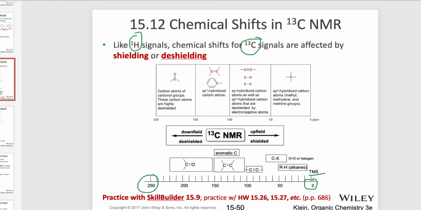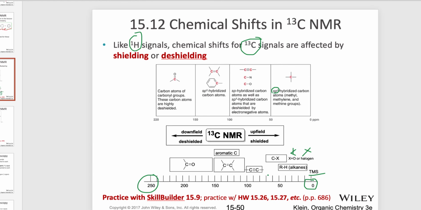You can see how they correlate to, this is from your textbook, where you see, look here, the sp3 hybridized carbons. They're going to be in the lower areas. Once you introduce some electronegative atoms, such as oxygen, or let's say a halogen, you will see a de-shielding effect and movement going to the left side.